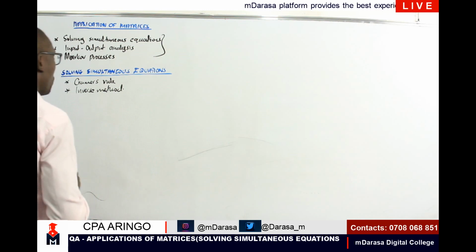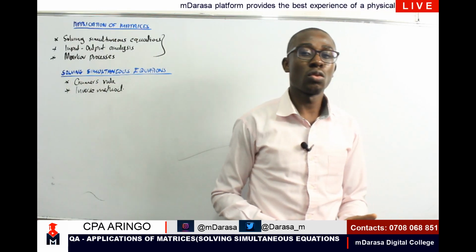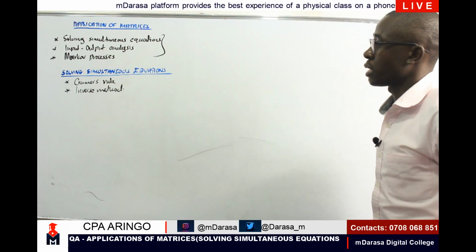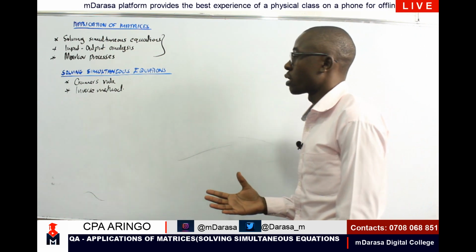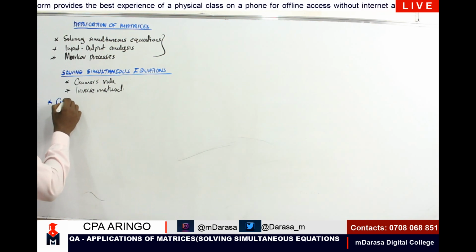These are the two methods that we are going to use in solving simultaneous equations. So I want us to jump straight to Cramer's rule and see what that will entail.